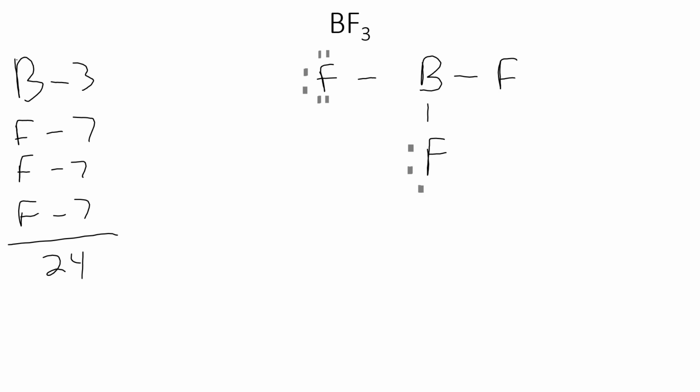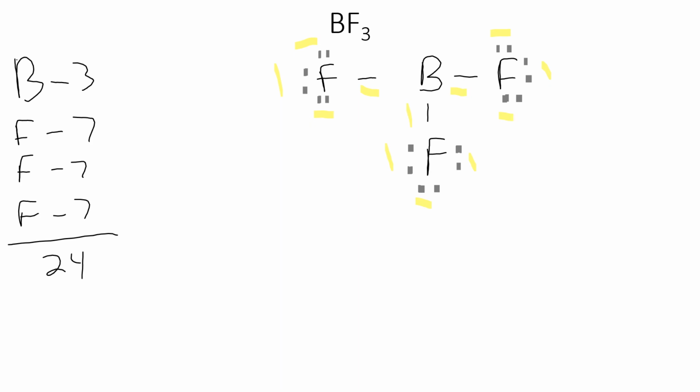So we'll put all of those in. And then you check and see how you have done. Do you have 24 electrons? Well, 2, 4, 6, 8, 10, 12, 14, 16, 18, 20, 22, 24.